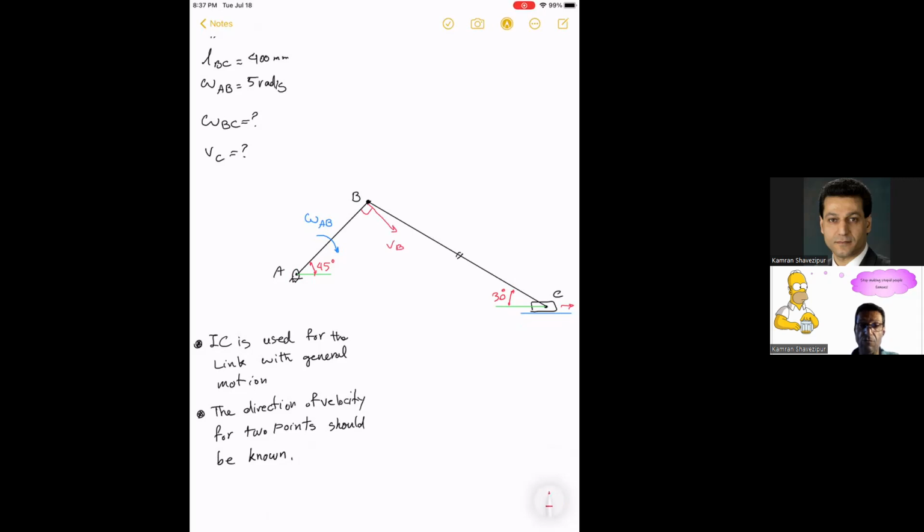Right, so you have these two directions, and if you use this, you can get your IC. The IC has to be perpendicular to both velocities.